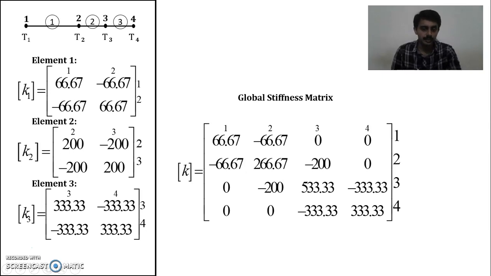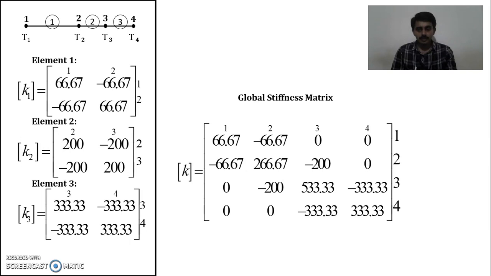The addition of these 2 elements will give this element 2 by 2. Similarly, we will have an addition in the 3 by 3 position as well. So this represents the global stiffness matrix. We have already practiced so many examples on the global stiffness matrix.